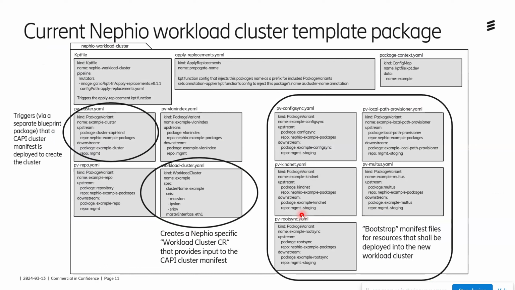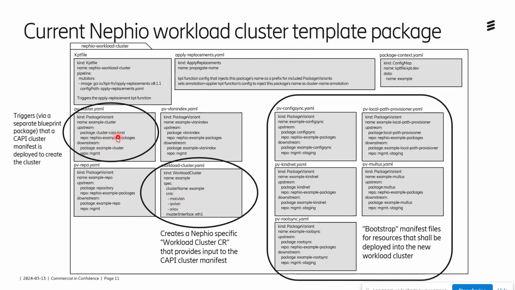This is basically the template we have for this workload cluster template package today, and it contains this workload cluster YAML file with just these CNI parameter settings today. And then this one is important. This is the package variant that creates this cluster copy kind package.